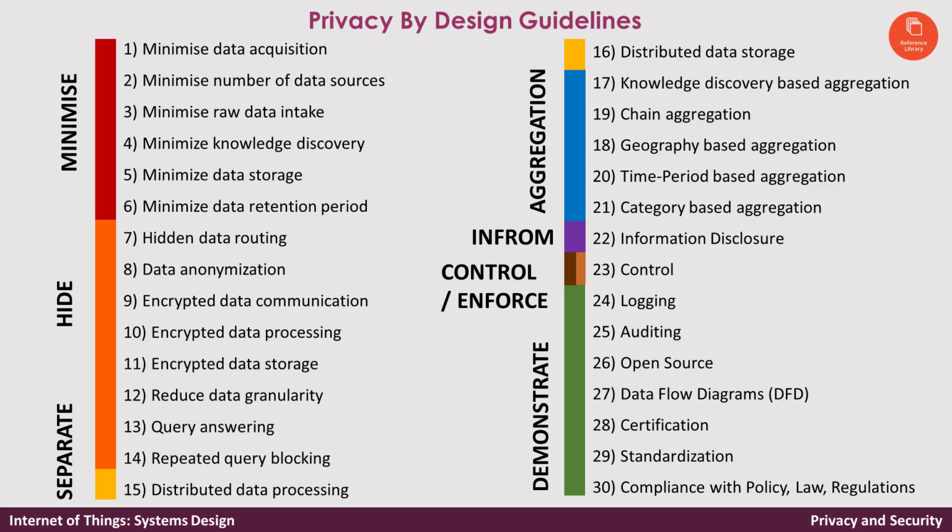I previously mentioned that strategies are quite high level, and guidelines are where each strategy is taken and divided into multiple more granular, easy to implement privacy protecting measures. There are 8 different privacy by design strategies, and these 8 are divided into 30 different guidelines.